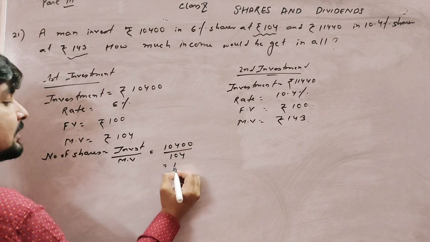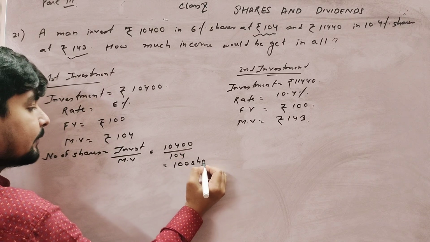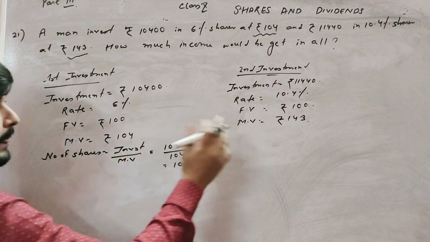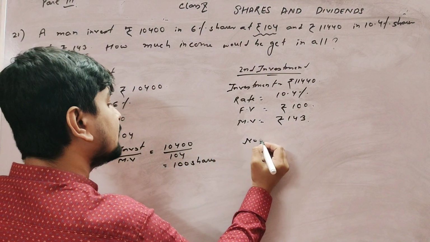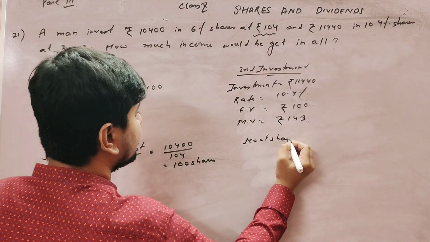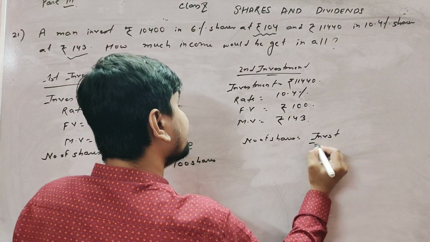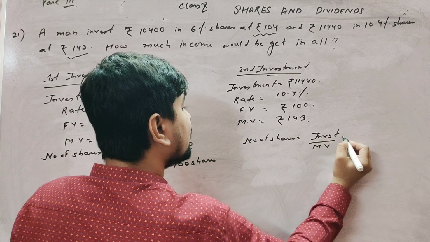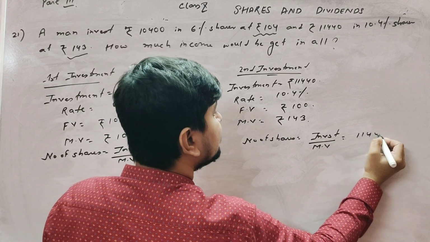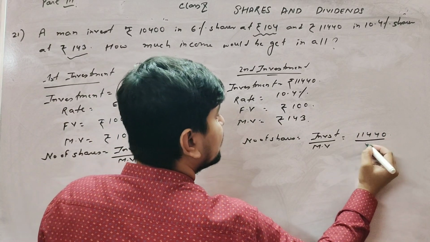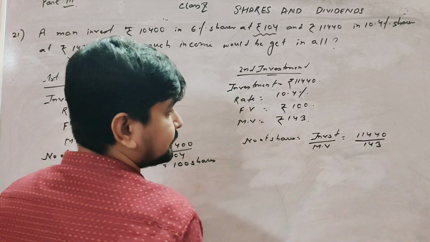So number of shares in this part is 100 shares. Okay, and in this part number of shares equals investment by market value of one share. Investment is 11,440, and market value is 143.